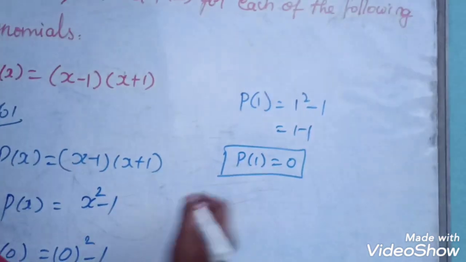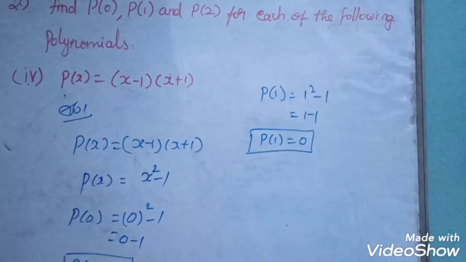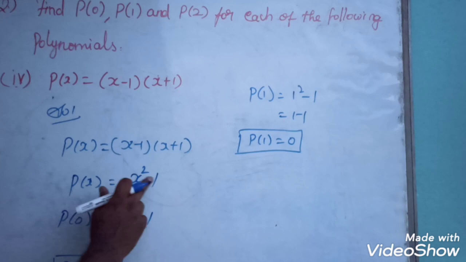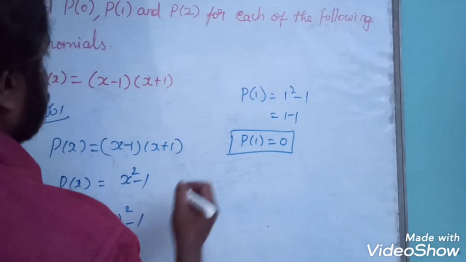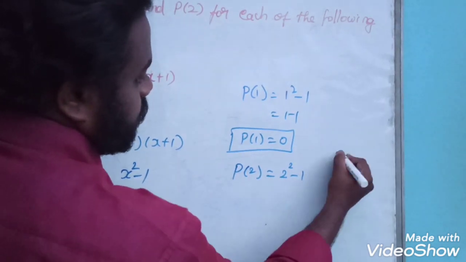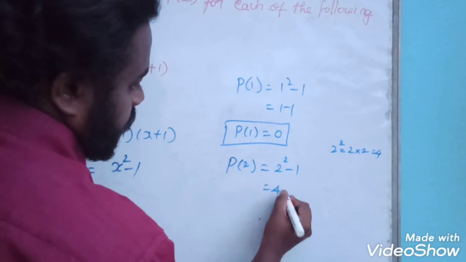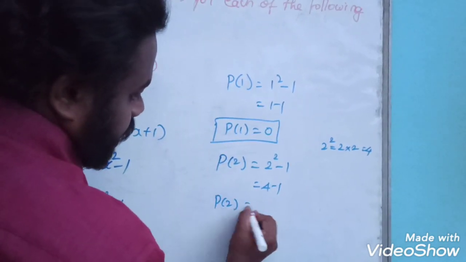Already I told you, when we substitute we get p of 1 equal to 0, in the sense that 1 is the zero of the polynomial x square minus 1. The same way I move on to p of 2. 2 square minus 1. 2 square, you already know, 2 into 2 equal to 4. So 4 minus 1. So p of 2 equal to 3.